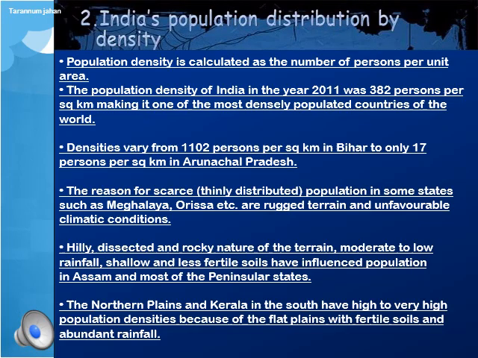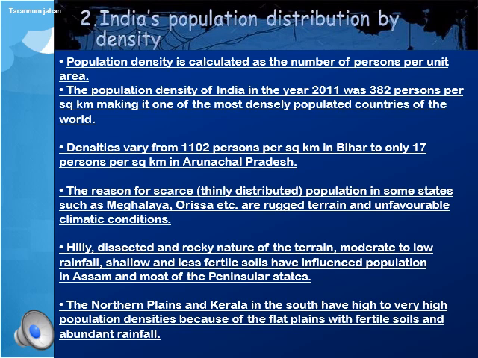Now see how the population is distributed here in India. As I said, population density is calculated as the number of persons per unit area. The population density of India in the year 2011 was around 382 persons per square kilometer, making it one of the most densely populated countries of the world.